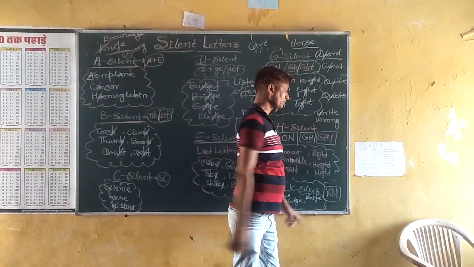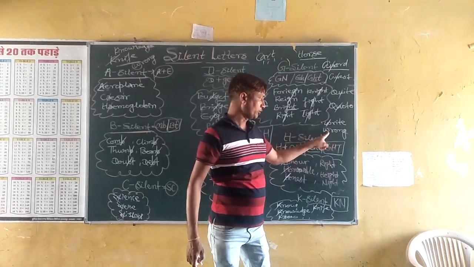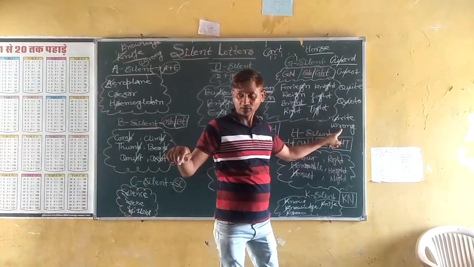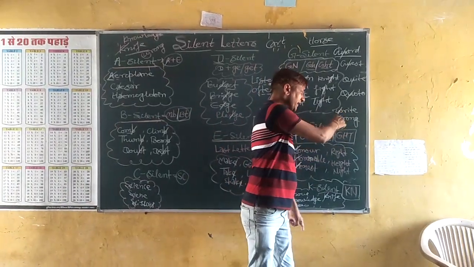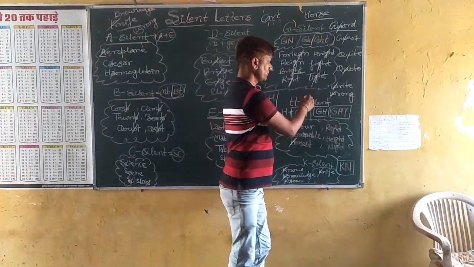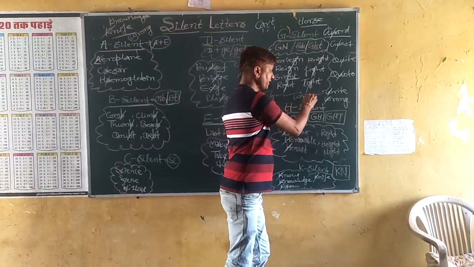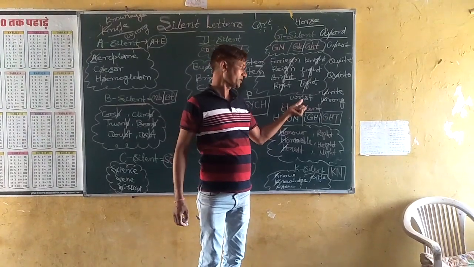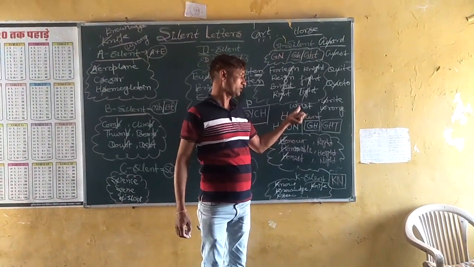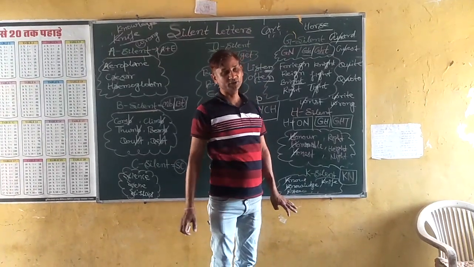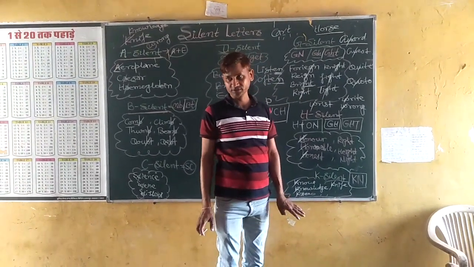WRONG. W is before R. So W will be silent and we will call it wrong. WRIST. W plus R. It means W is before R. W will be silent. In this way, the pronunciation will be rist.